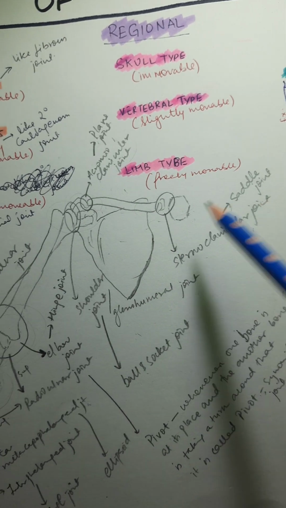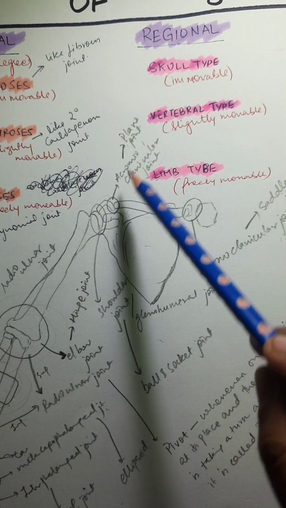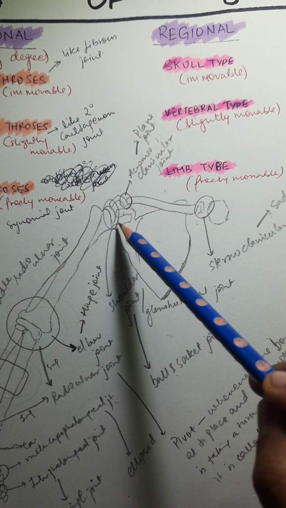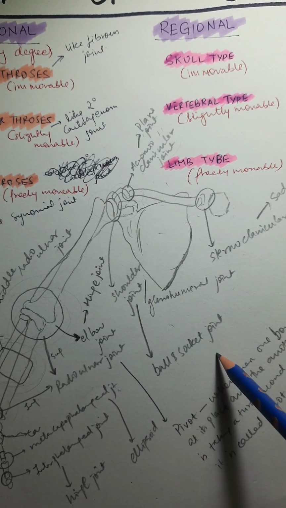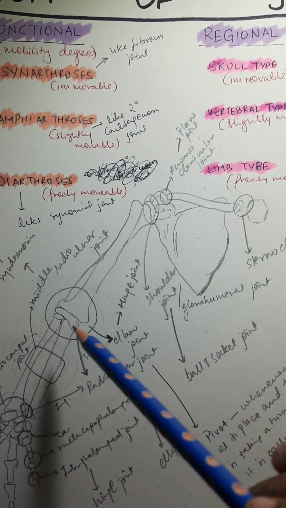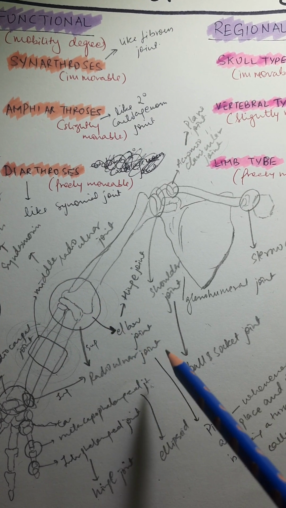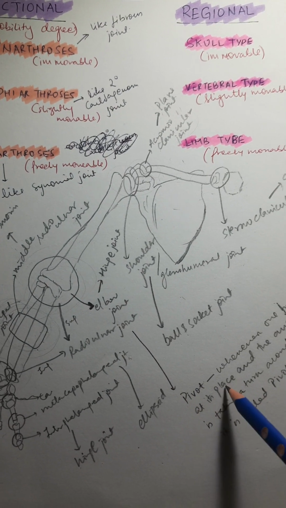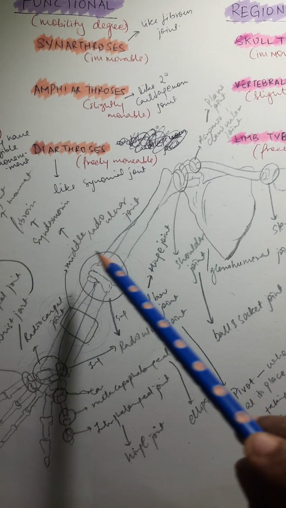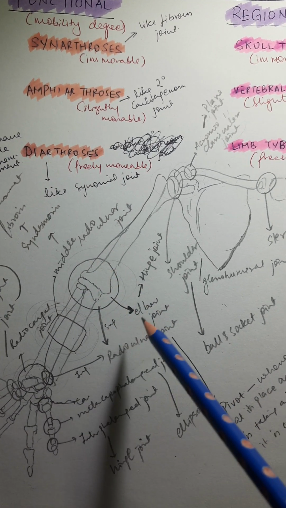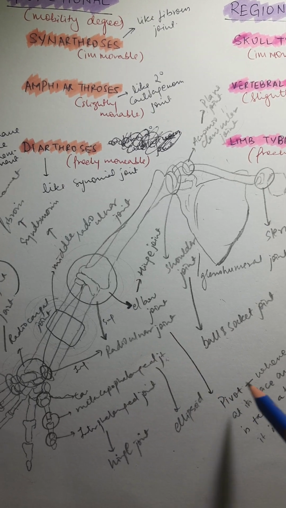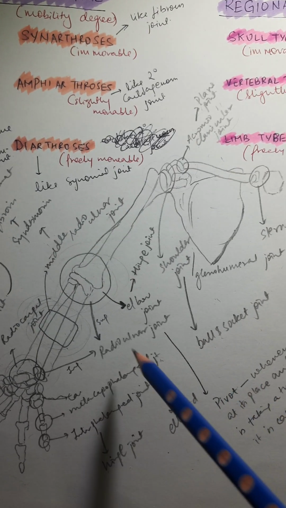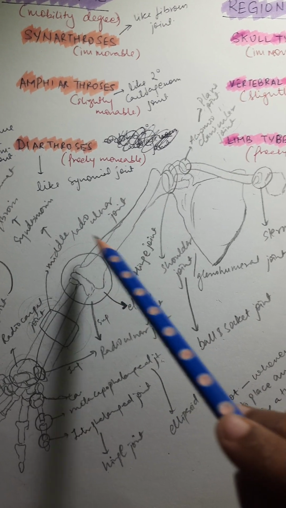Now coming to what type of synovial joint it is. Sternoclavicular is saddle joint, acromioclavicular is plain, glenohumeral or shoulder is ball and socket. Coming down, elbow joint, it is a pivot. Sorry, I have missed something over here.